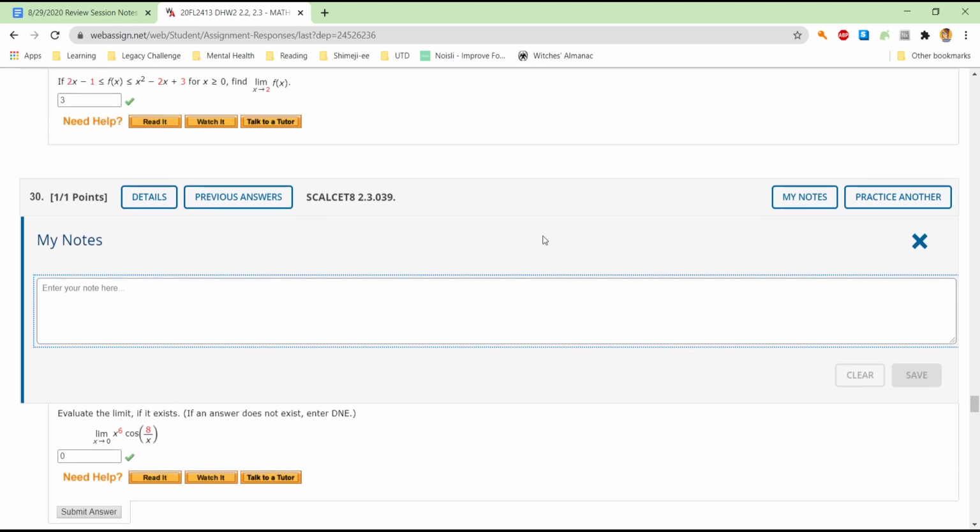So with our problem, we have the limit of x to the power of 6 times cosine of 8 divided by x as x approaches 0. To find this, we first have to recognize that cosine is an interval function.